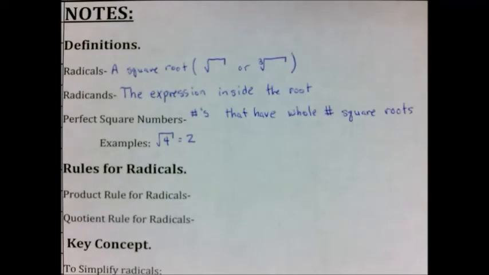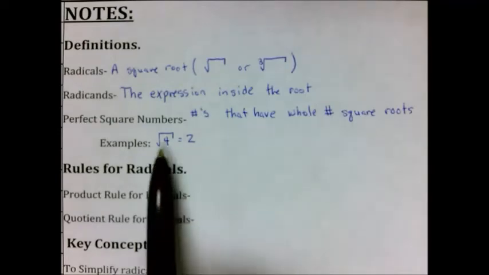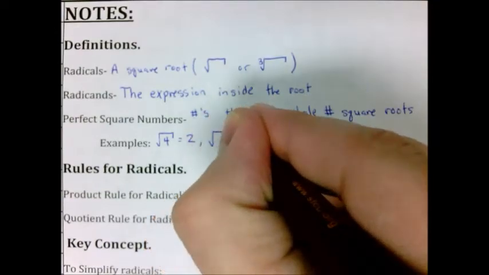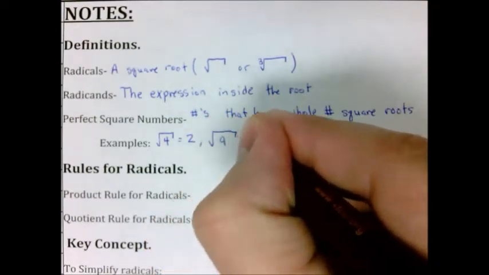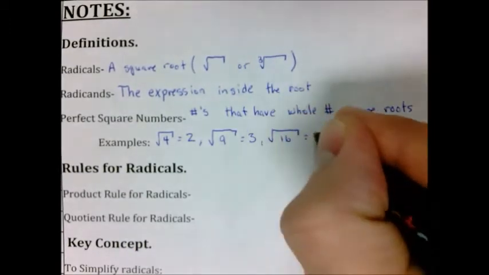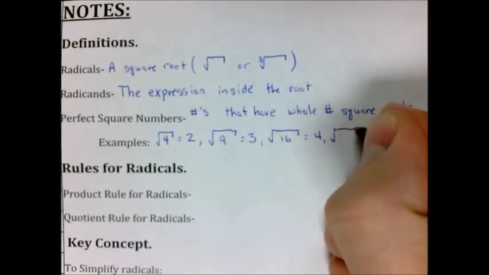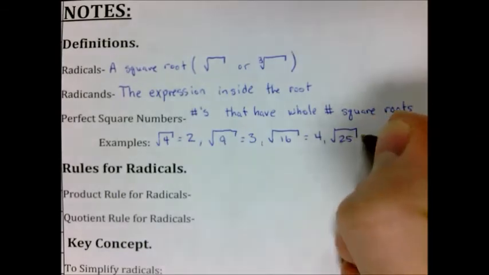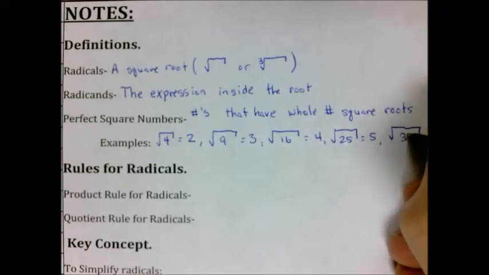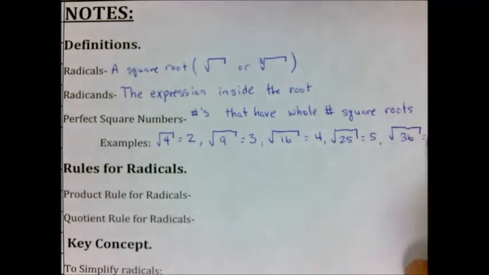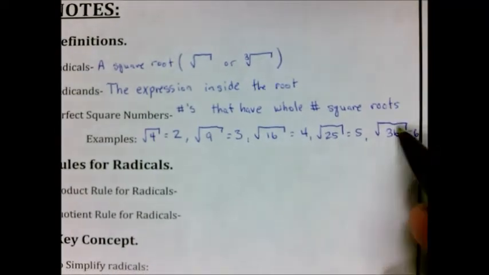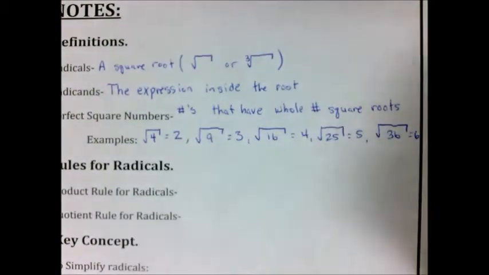An example of a perfect square number would be 4. It's perfect, right? Another example would be the square root of 9, because the square root of 9 equals 3. The square root of 16 equals 4. The square root of 25 equals 5. And you see this pattern just continues to go on. The square root of 36 equals 6. It's just whatever this number is squared inside the radical, or the radicand, right?